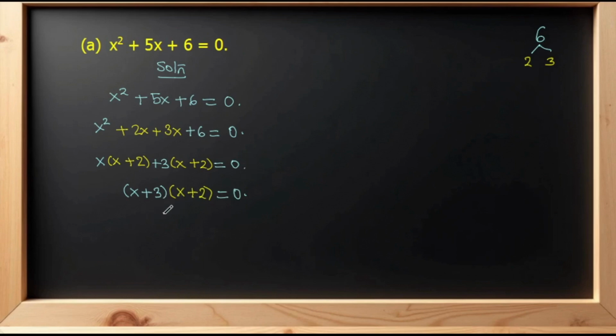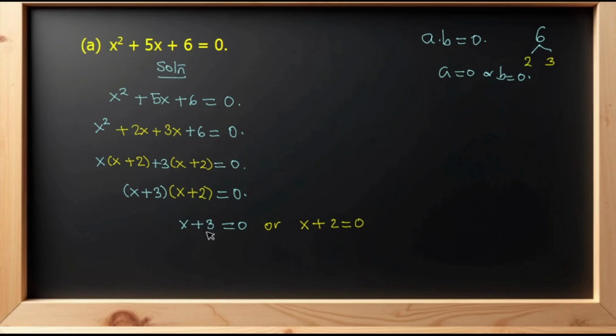So after here, we will go to the properties of 0. When you have a number a multiplied by a certain number b equals to 0, either a can be 0 or b can also be 0. So applying this at this stage, we will have either our first bracket x plus 3 must give us 0, or our second bracket, that is x plus 2 equals 0.